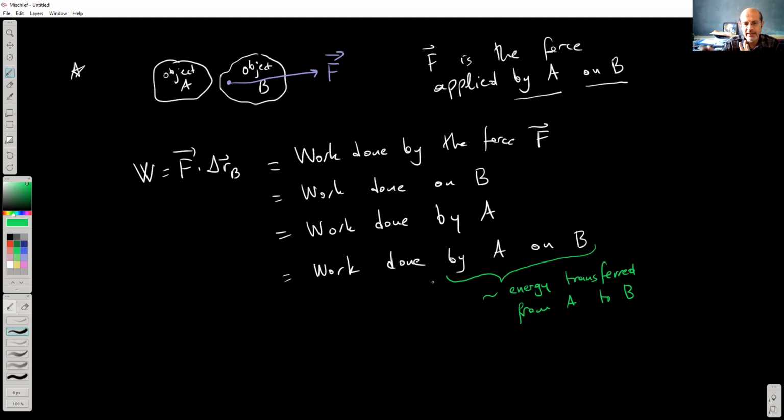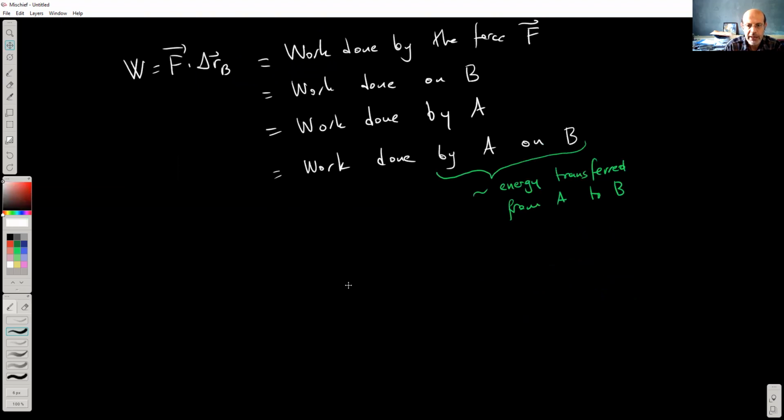If it is negative, the equations will still be the same at the end. At this point, we cannot say anything about this interpretation because we just defined the concept. We are going to relate this to the energy of the objects A and B later, not at that point. Okay.